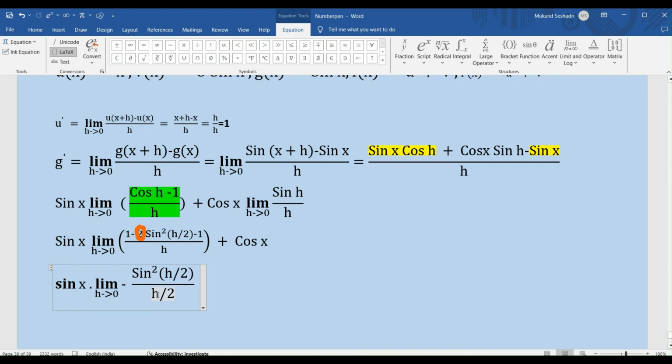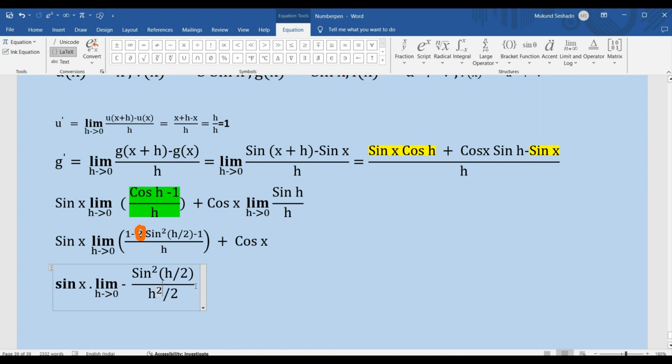Now I know that my sine h by h, limit h tending to 0, is 1, right? So what is my sine square h by 2 divided by h by 2? Don't you think we can do some simplification using the same formula we have for sine x for limits?